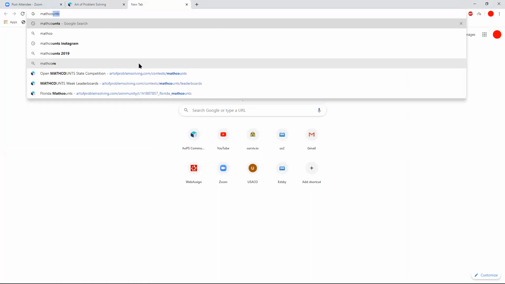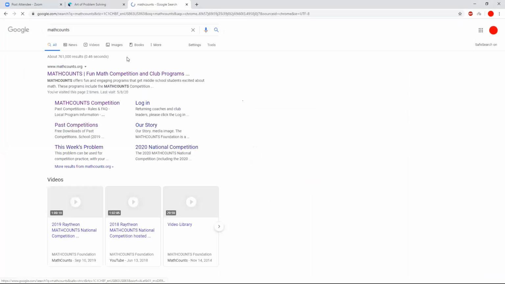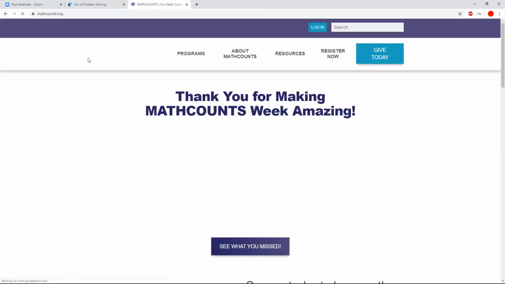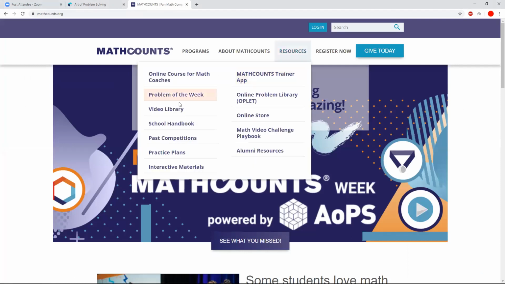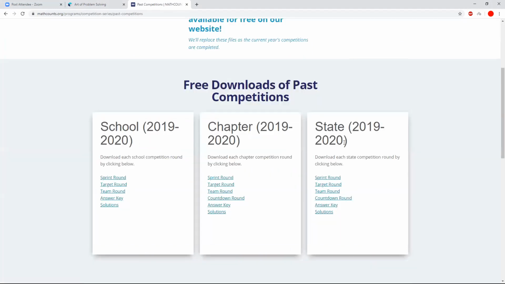Wait, I haven't been here in so long. It's at resources, right? Past competitions. I haven't gotten MATHCOUNTS for so long. Okay, we'll do some state then.